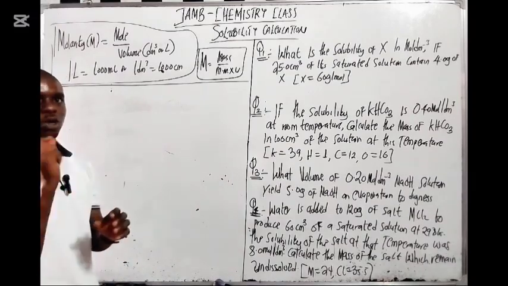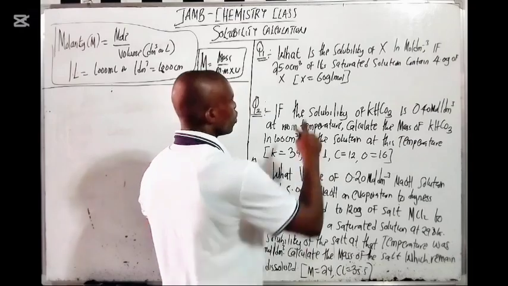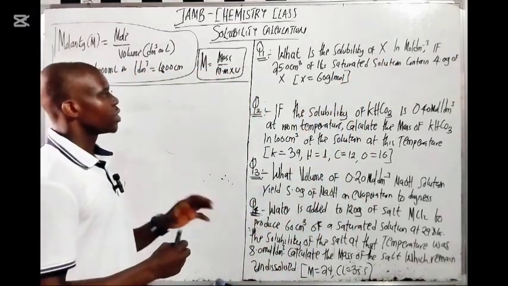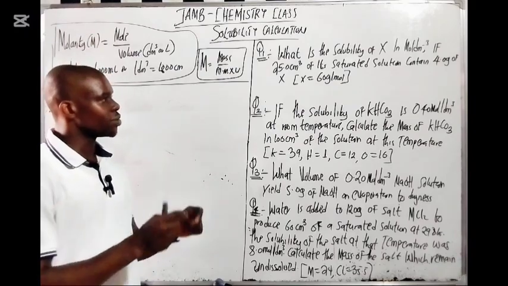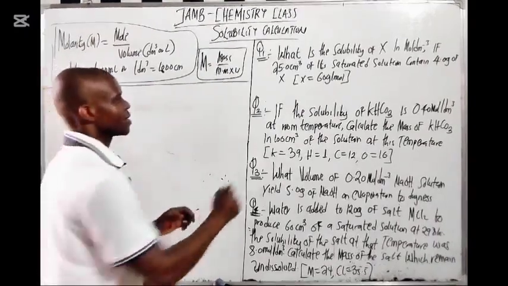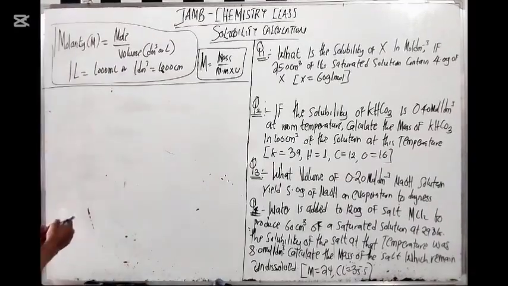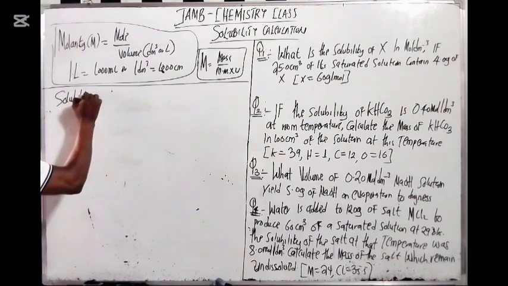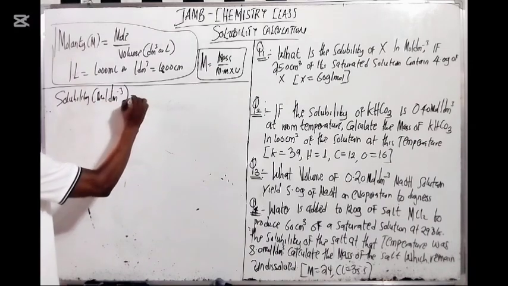So what is the solubility of X in mole per dm³, if 25.0 cm³ of saturated solution contains 4.0 gram of X? So X is the solute. If you check very well, they're asking for the solubility, in mole per dm³. This is what I'm looking for.